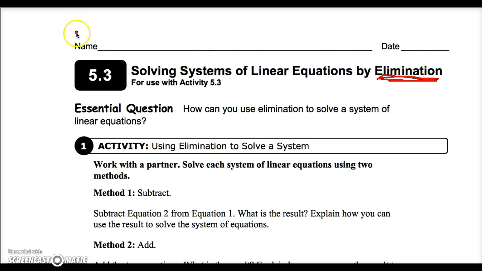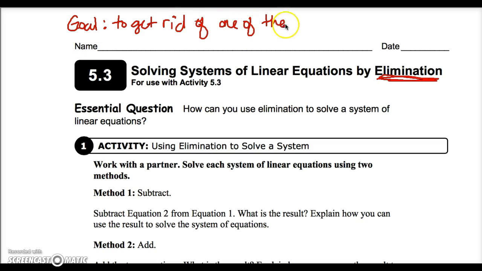So the whole point of this method, and you can write this up at the top of your page, is to get rid of one of the variables. So you want to get rid of either the x or the y.